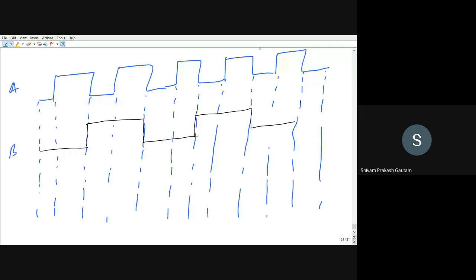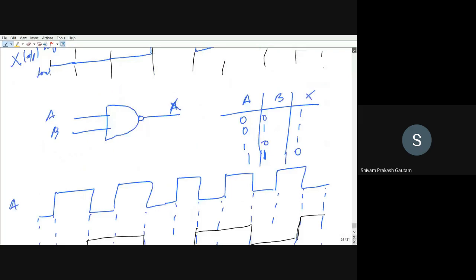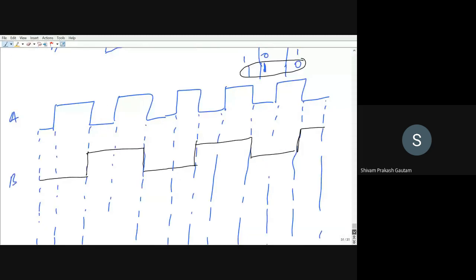Now check the logic or truth table. Output will be low only when both the inputs are high. Now we have to check where our inputs are high. We can see that in this condition and in this condition our inputs are high, and nowhere else. So only at these two conditions will our output be low, and for all the rest of the cases our output will be high.